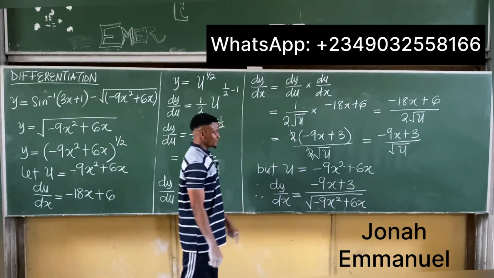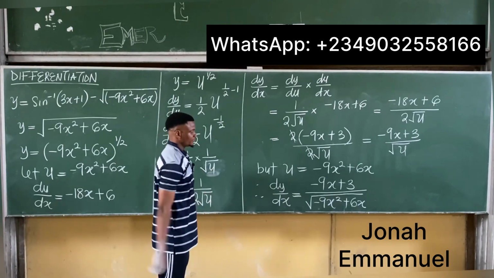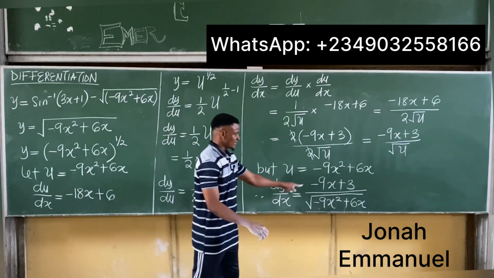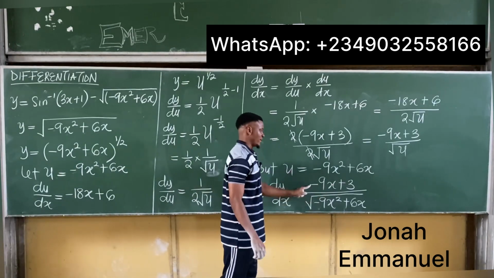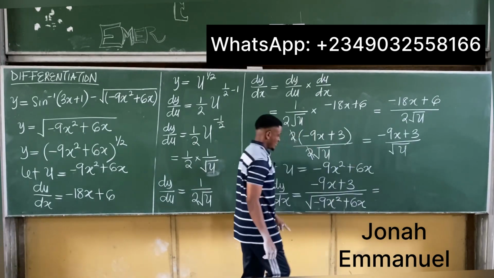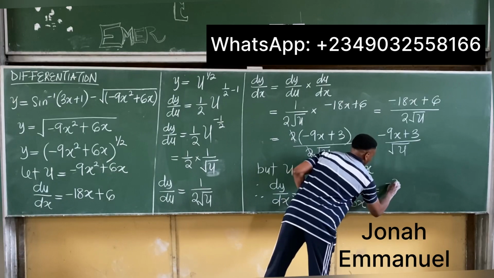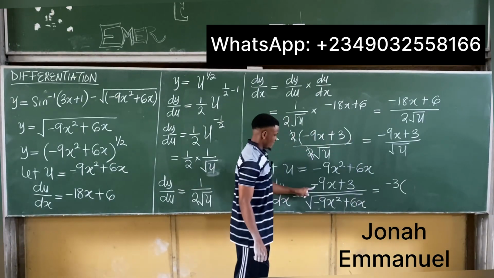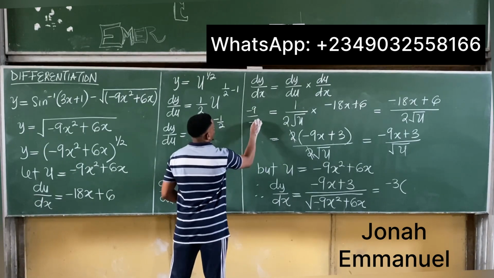So I have this. The only thing we can do here is to factorize. Possibly, you can choose to factorize this if you want to. You can bring out minus 3 from here. If I take out minus 3 from here, it becomes minus 9x, so that's simply minus 9 divided by minus 3.